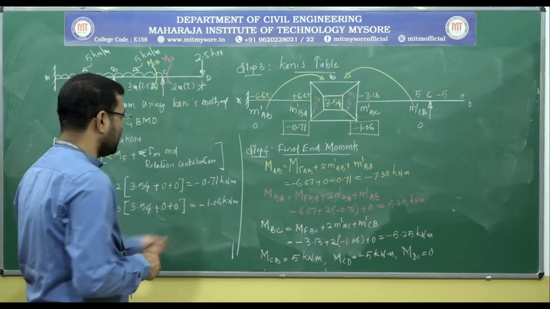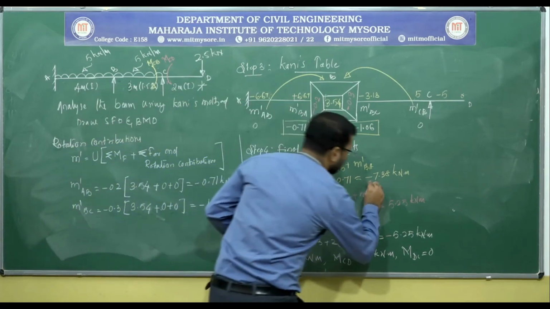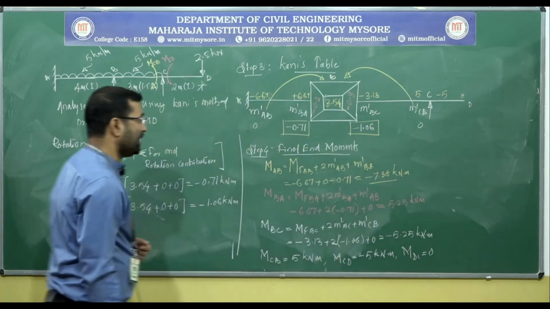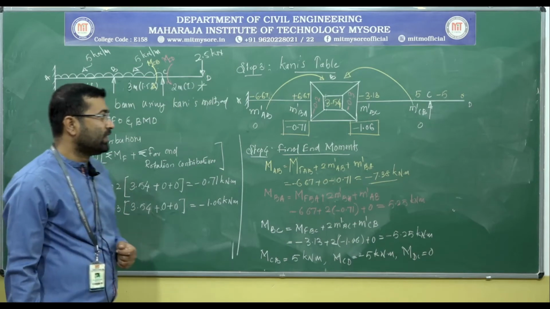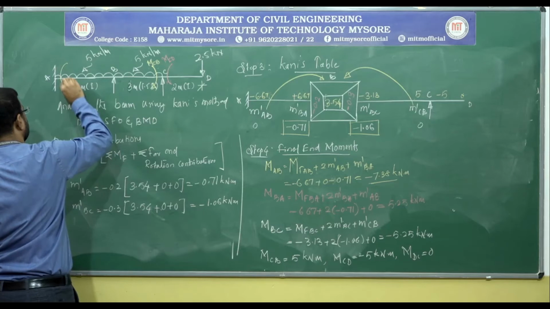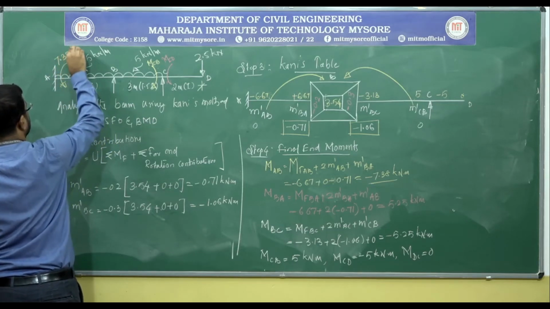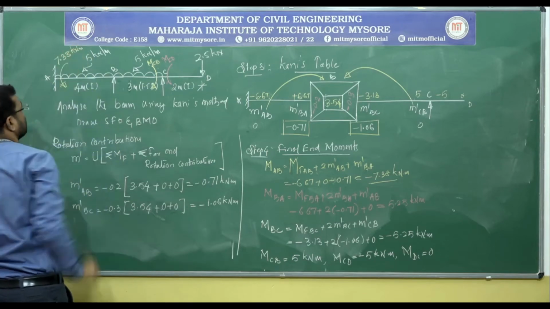Before that, let me represent these in the main diagram. Here MAB, as per our calculation, is minus 7.38, where minus indicates anticlockwise moment. So it is 7.38 kilonewton meter.